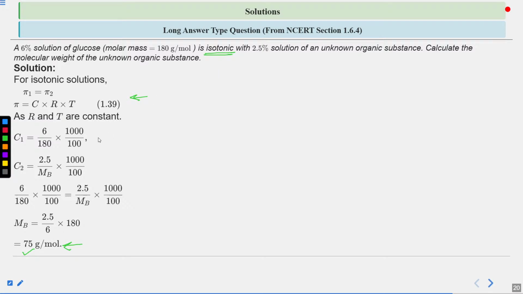Then you find the concentrations, and by putting them equal to each other, you identify the molecular weight of the unknown organic substance. So this is the whole solution, and 75 gram per mole is the correct answer for this question.